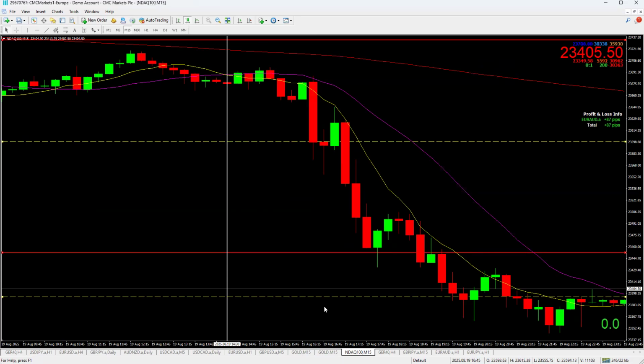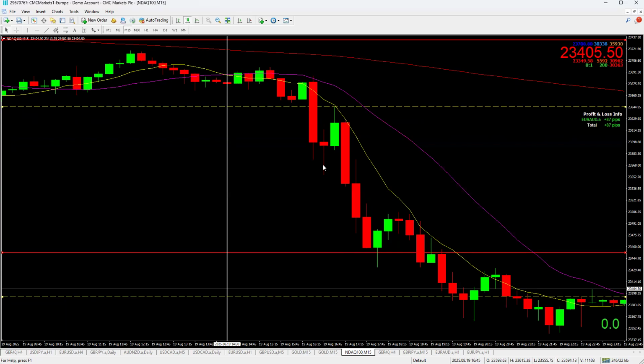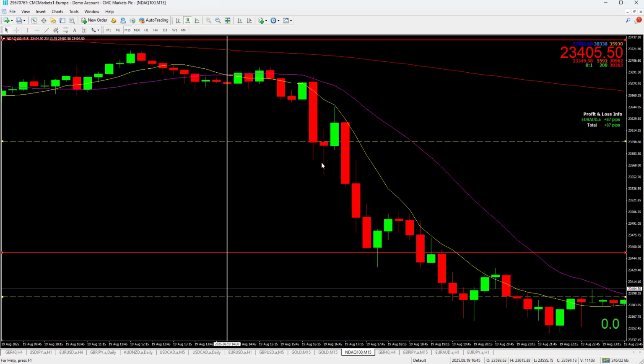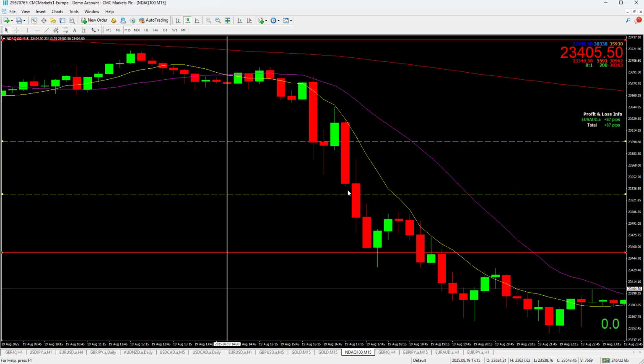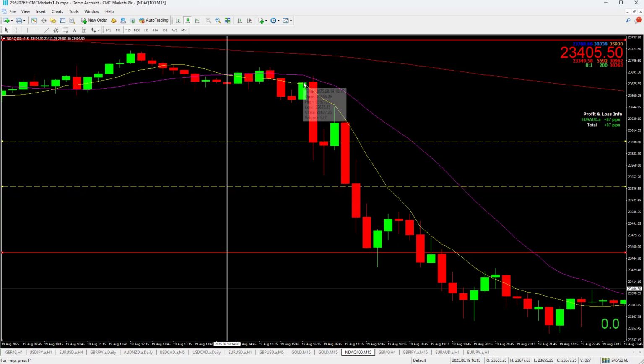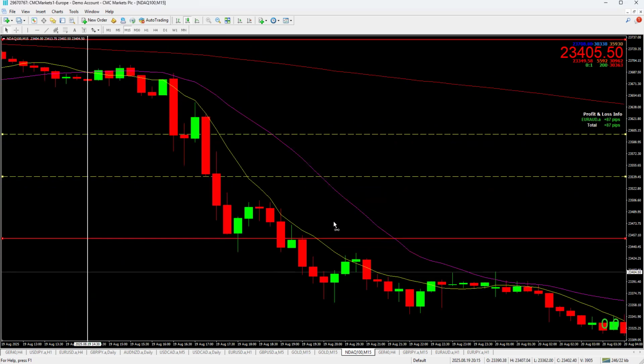The next time you enter is when a doji candle is also taken out. You entered here. The next candle was a doji candle. It pushed up. It was taken out again. So you enter, because this green was taken out here. Another green taken out here. You enter again. So you're in two positions.